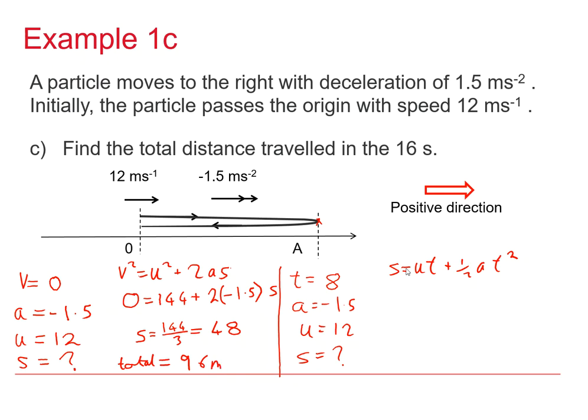Alright, what if we did it this way? So this was relying on the idea that this will be halfway through in terms of the time, and we've got this. So s, that's the unknown, is ut, so that's 12 times 8, plus half times minus 1.5 times 64, because t is 8, so t squared is 64.